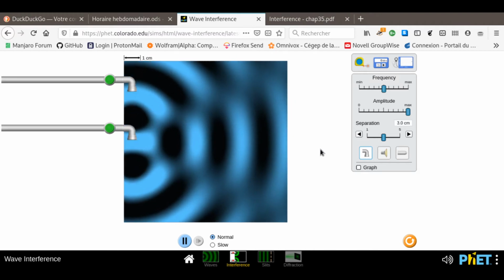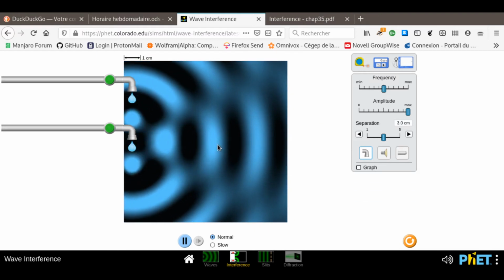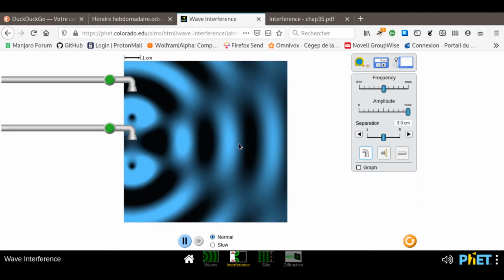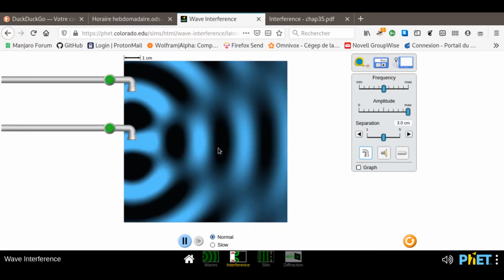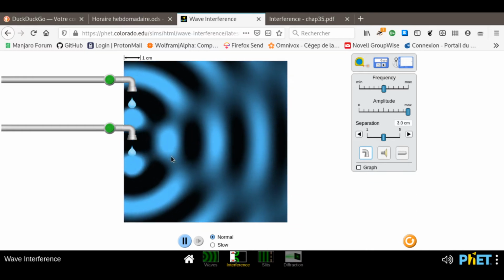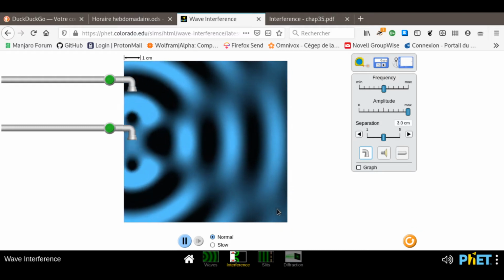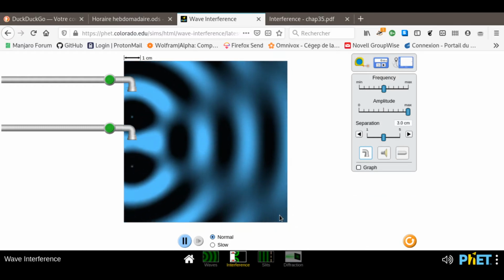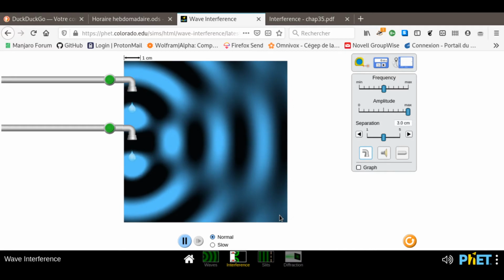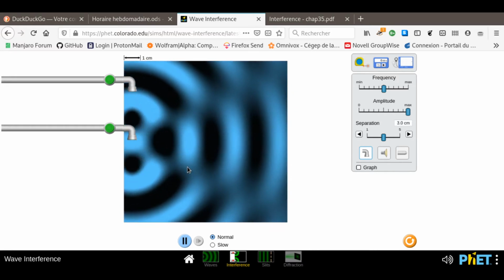So over here we have a total wave that has a very high crest and a very deep trough, while here it always stays around zero. It doesn't reach very high up, doesn't reach very deep.